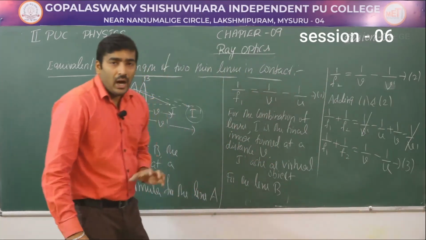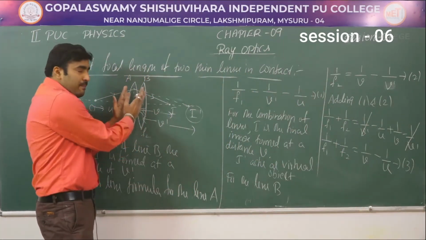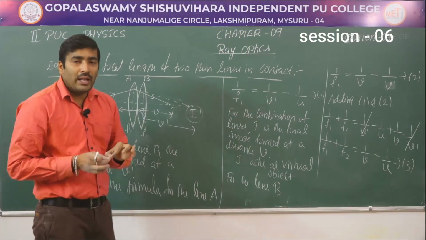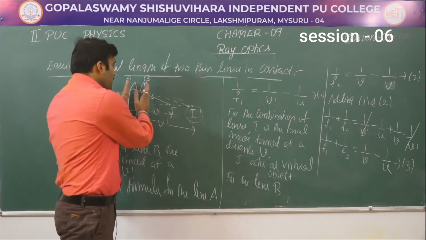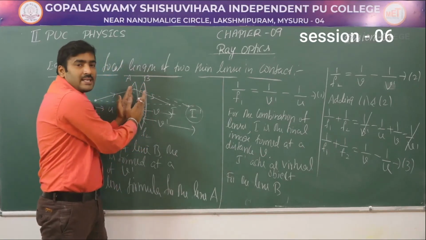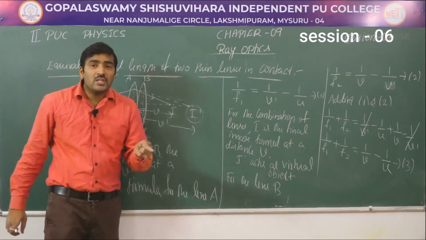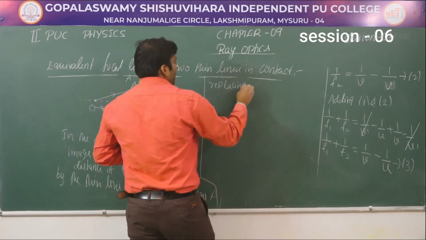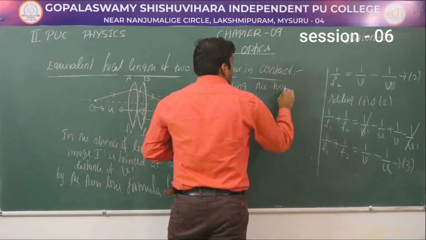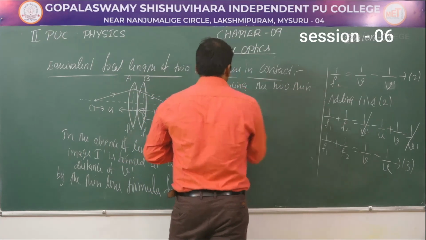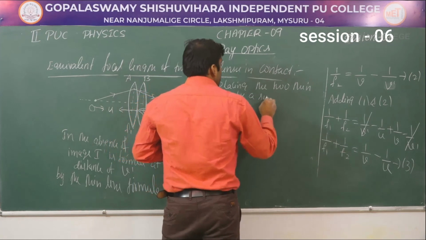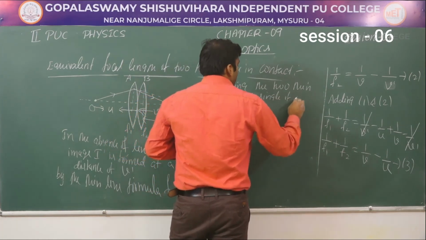Okay. Now let us replace the two lenses by a single lens of equivalent focal length f. So we are replacing the two thin lenses in contact by a single lens of equivalent focal length f.